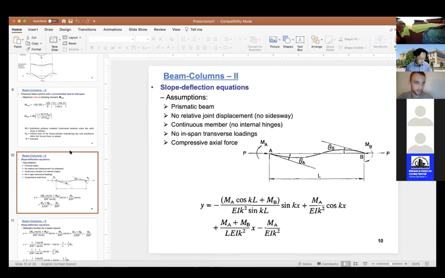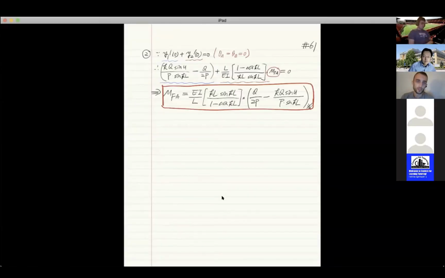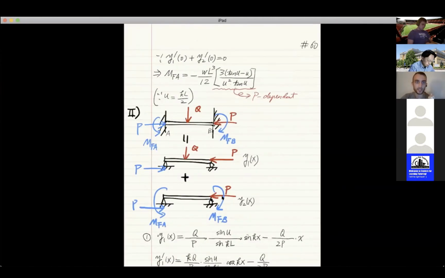So, quick question on the superposition method. If you go back to the last example, even on the slide. So when you simplify the case for both of them, you're applying the axial force P on both cases. So on the left, if you go a couple pages back, or yeah, right here.